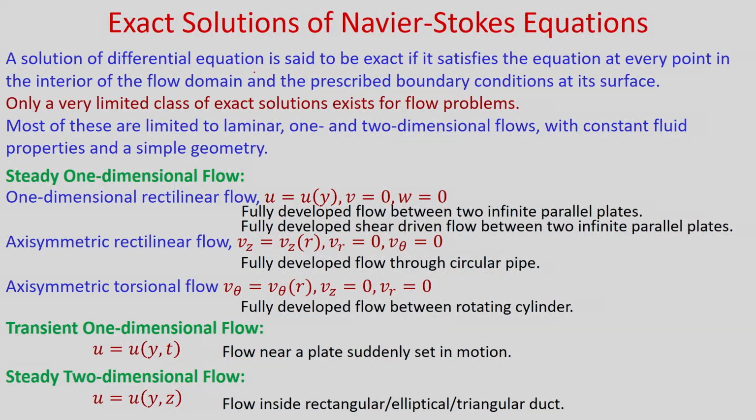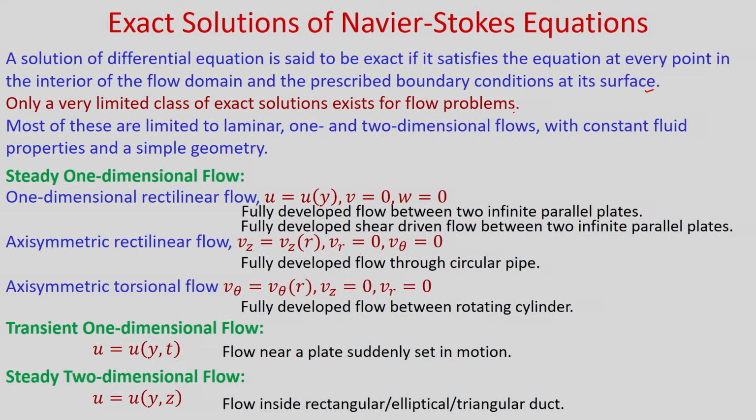So, what is the exact solution of Navier-Stokes equations? We can see that a solution of a differential equation is said to be exact if it satisfies the equation at every point in the interior of the flow domain and the prescribed boundary conditions at its surface.